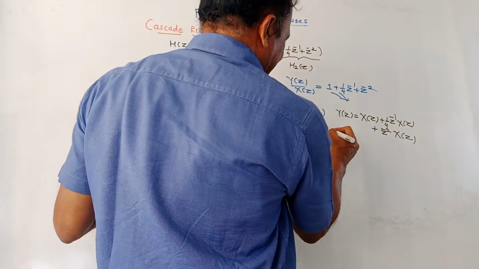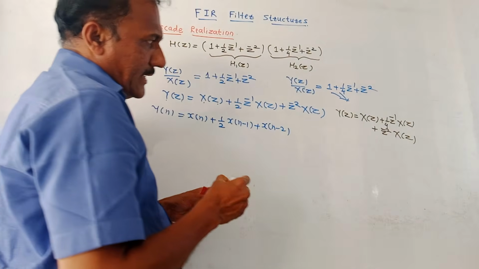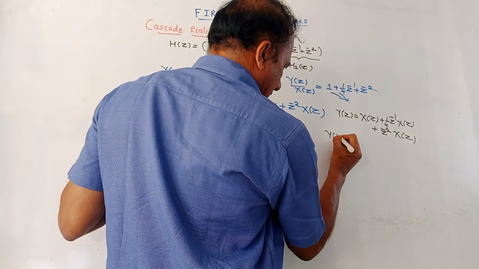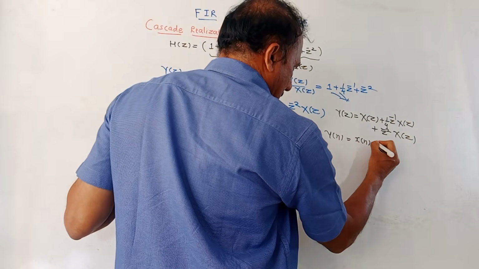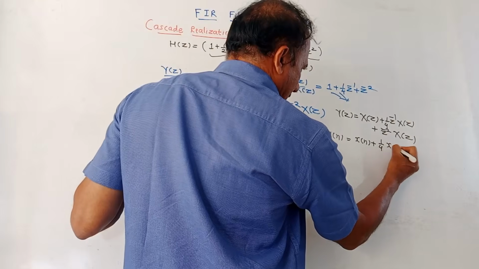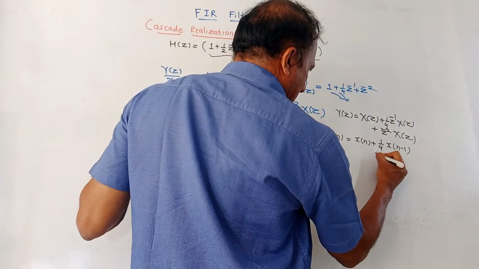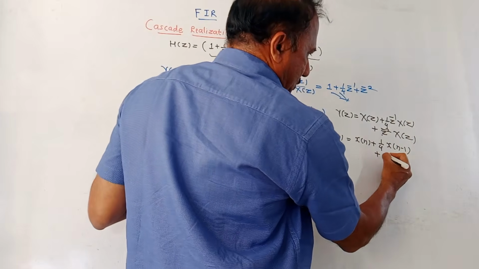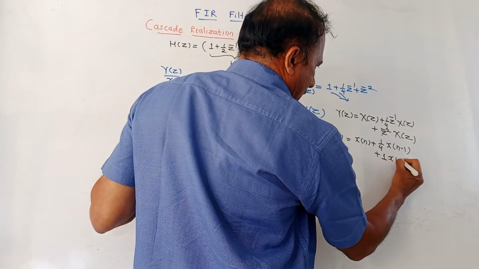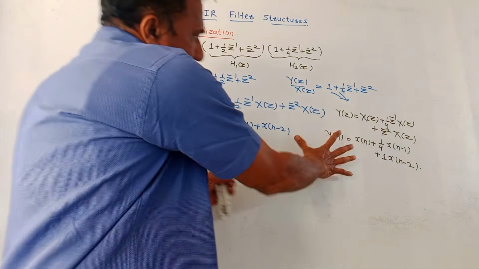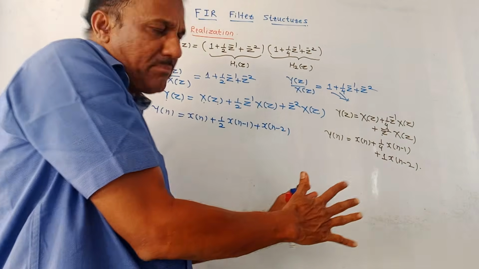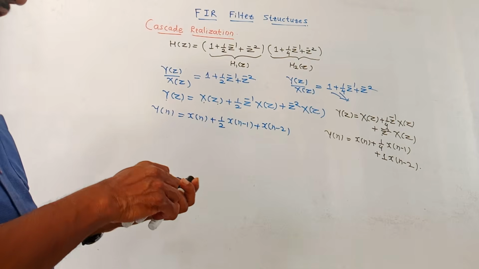Same way for the second, y(n) is equal to x(n) plus 1/4 x(n minus 1) plus, as there is no coefficient, 1 x(n minus 2). Now these are the two separate terms which I have simplified by using inverse Z transformation.